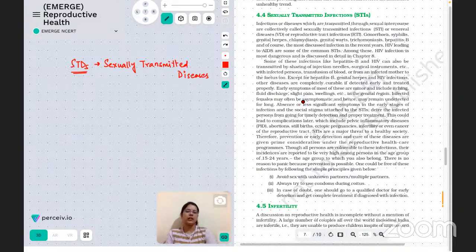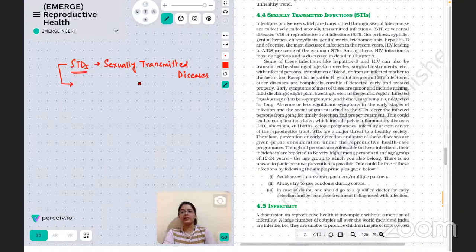Clear? ये होता है. Now ये जो sexually transmitted diseases होते हैं, तो word से ही आपको पता चल जा रहा है कि ये sexual contact से spread करेंगे. So this will spread actually through the process of sexual contact.